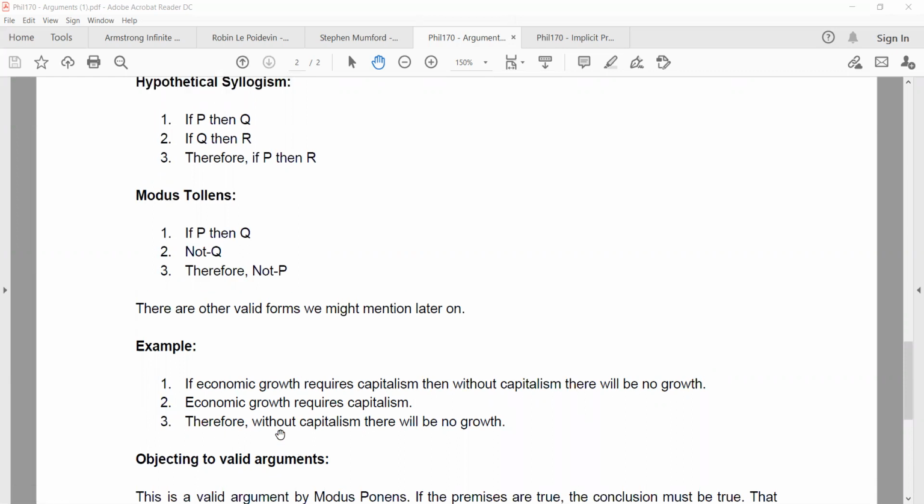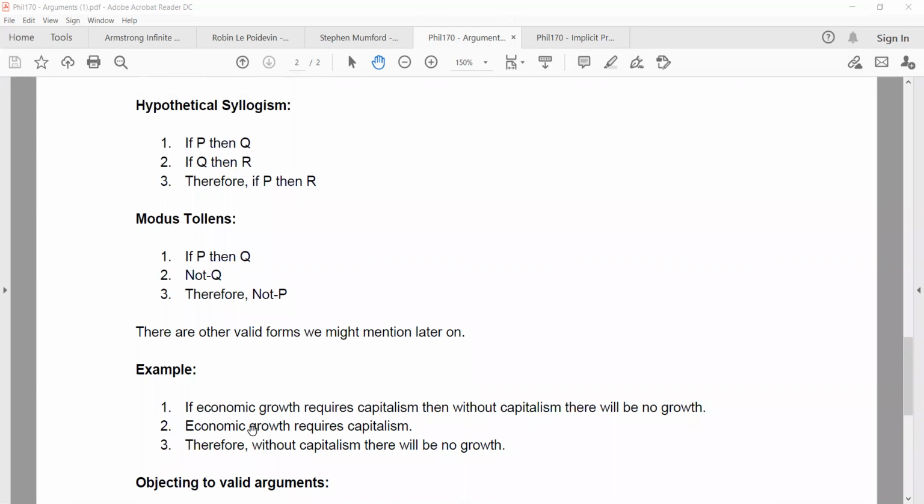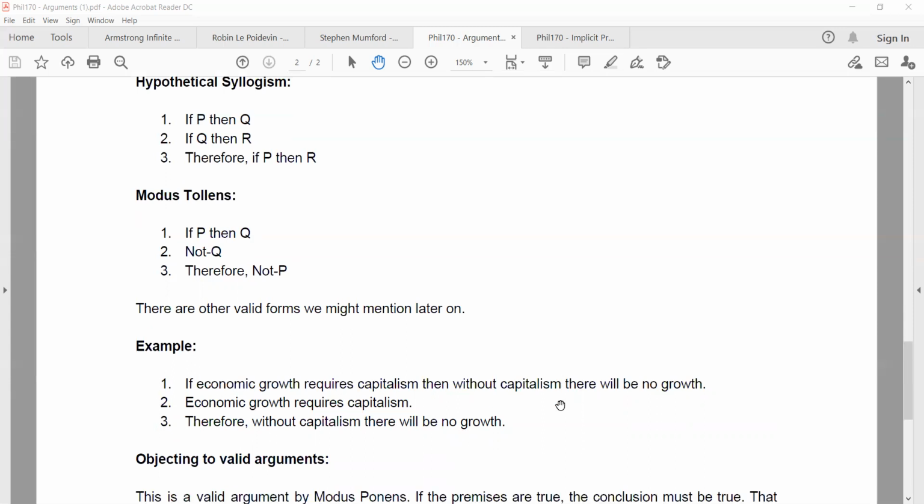But suppose you want to object to this argument, right? Suppose that you don't think that the conclusion is true. Suppose you say, I don't think that capitalism is necessary for growth. Maybe some people in this class think so. That's perfectly fine. But suppose you want to challenge the conclusion, right? Suppose you want to challenge 3.